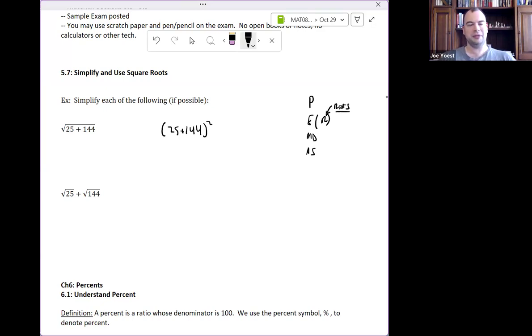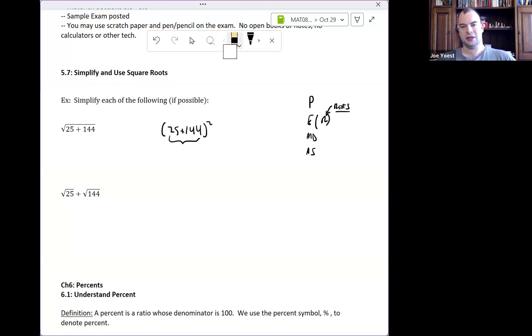Not exactly the same. I don't mean to say that these two are equal, but they're somewhat analogous. Our exponent comes higher in the order of operations, but we want to simplify the inside before we apply the exponent because the exponent also, in a sense, implies a grouping symbol.